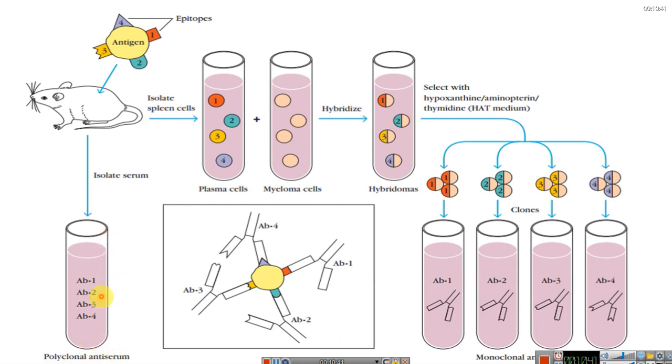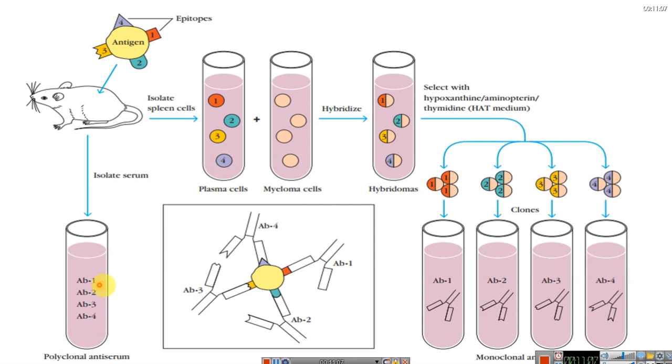Four types of antibodies will be produced for all those epitopes. So antibody 1 will be produced by one cell or its clones. Antibody 2 will be produced by another cell or its clones. Likewise, antibodies 3 and 4 will also be produced. So this whole preparation of the antibodies is polyclonal antibody.